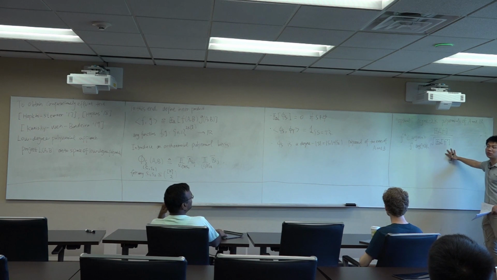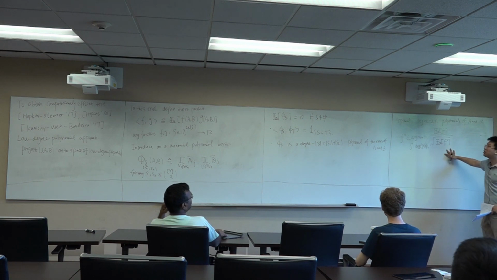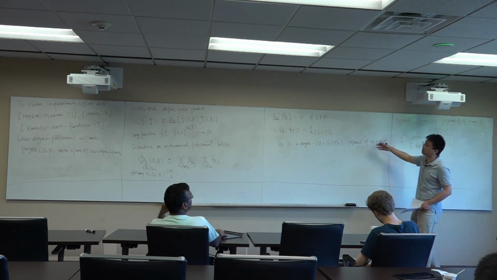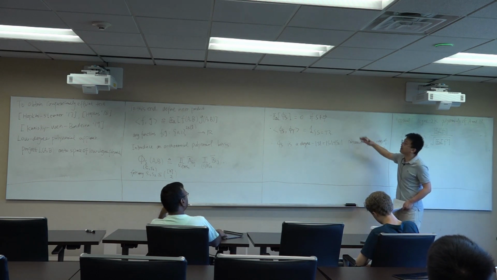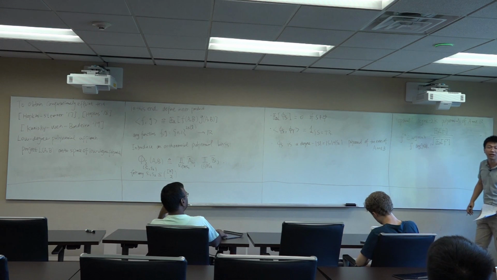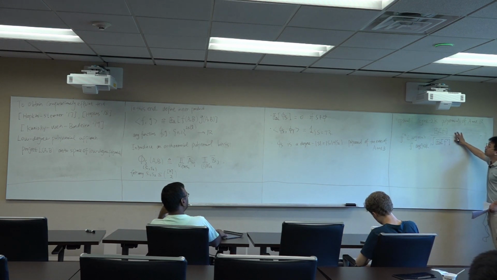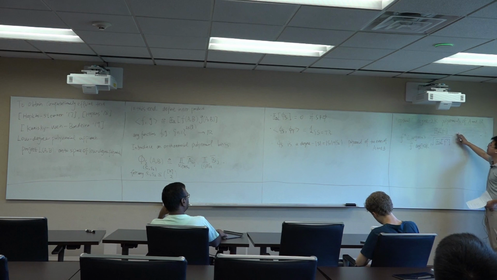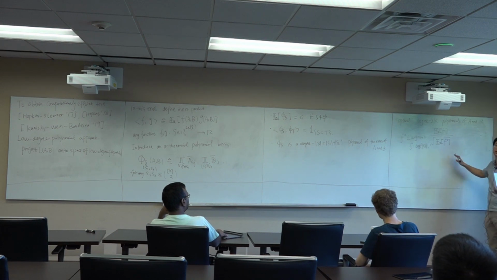So why is this a natural quantity to maximize? Well, if you want to do hypothesis testing, F is just some combination of phi S. The phi S has mean 0 under Q, right? So if you want to separate these two different distributions using this F, you want to make sure first the mean of F is large. In fact, you want the mean of F to be large compared to the variance, or standard deviation.